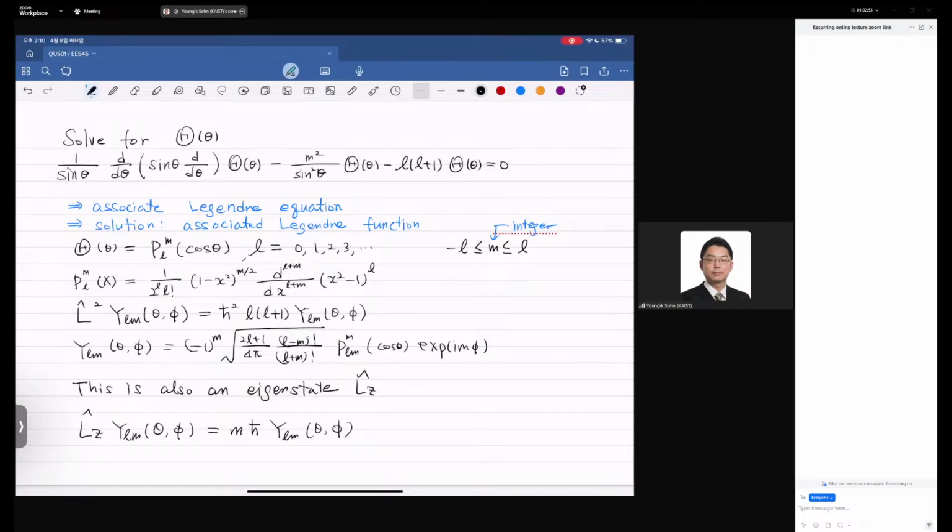So what's our conclusion? This angular part of the Schrödinger equation solution, we solved it, and it is an eigenfunction of the L squared operator and the L_Z operator.